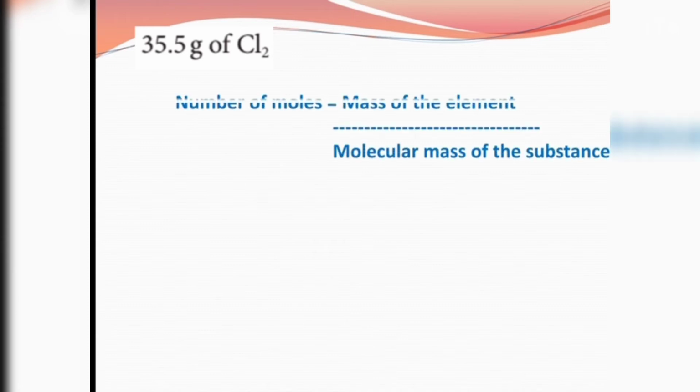Next sum: calculate number of moles of 35.5 gram of chlorine. Chlorine molecule is formed by 2 chlorine atoms. That means a chlorine molecule contains 2 chlorine atoms. Number of moles is equal to mass of the element divided by molecular mass of the substance. Here given mass is 35.5.